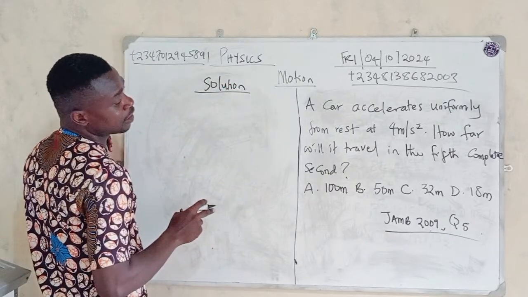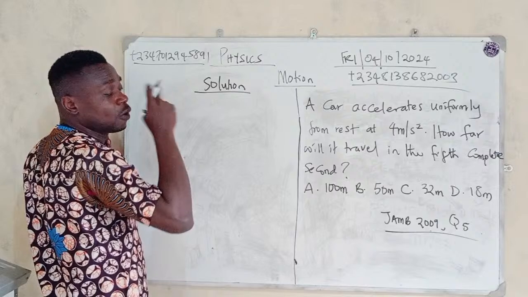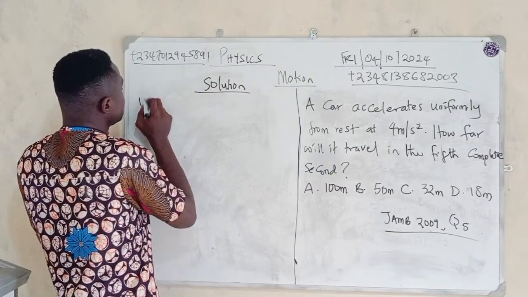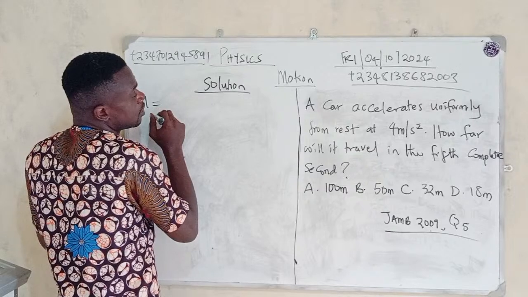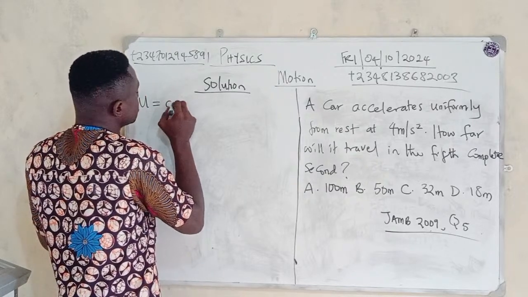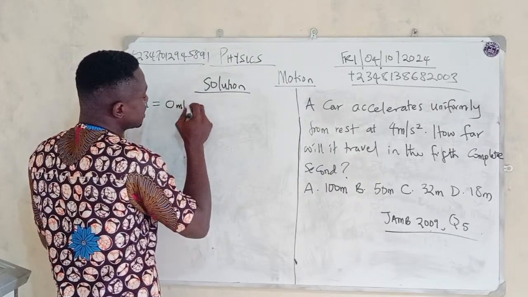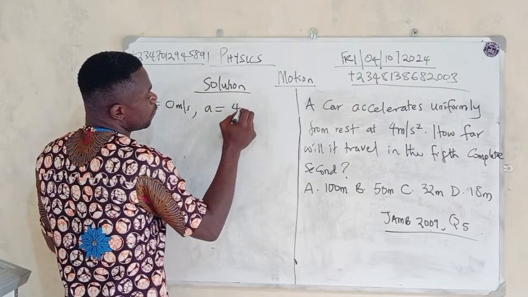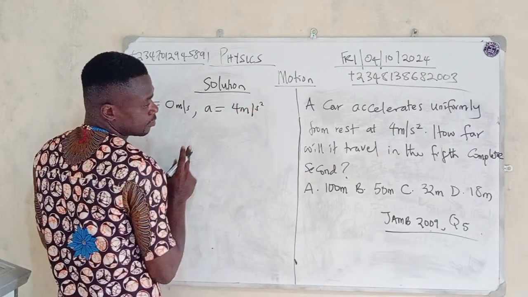Here we are given that the car starts from rest, which means the initial velocity is 0 meters per second. The acceleration is 4 meters per second squared.